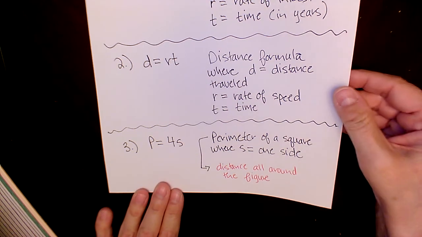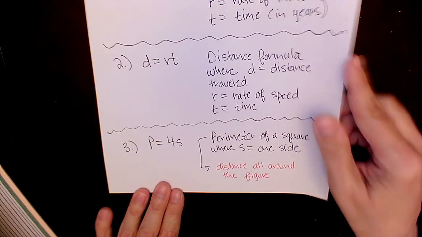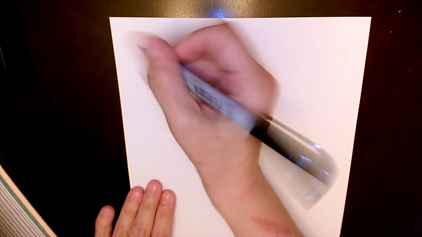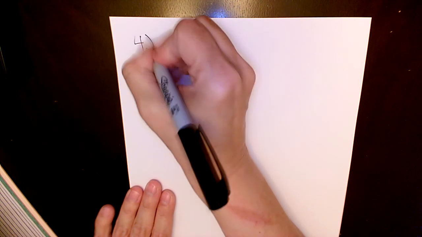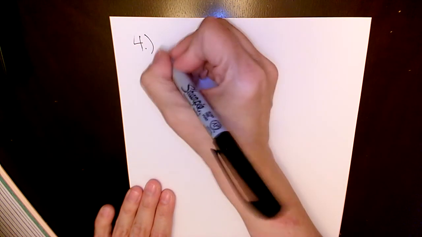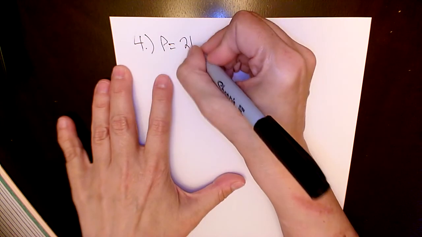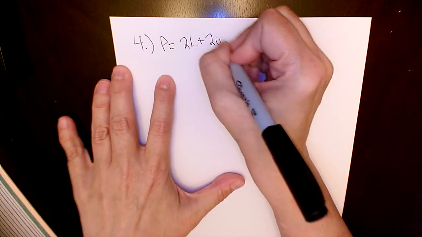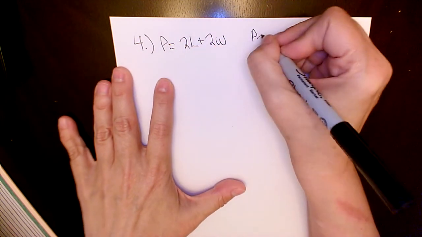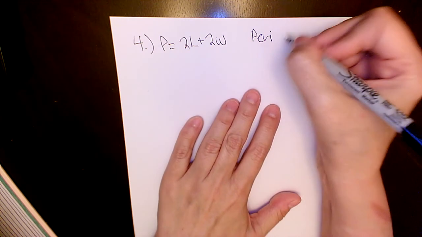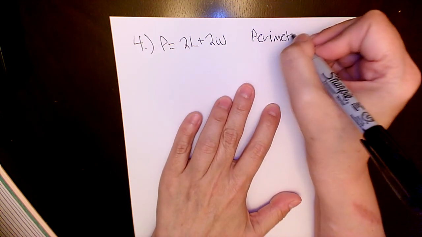Next I'm going to do the perimeter of a rectangle, and that is in the blue box. So this is number 4, and that's P equals 2L plus 2W. This is the perimeter of a square.